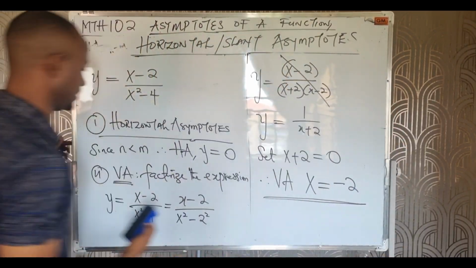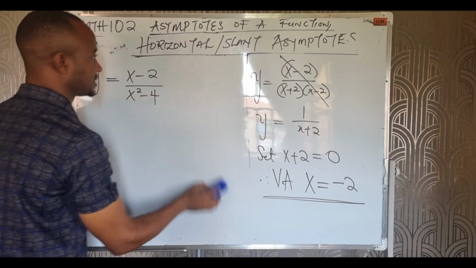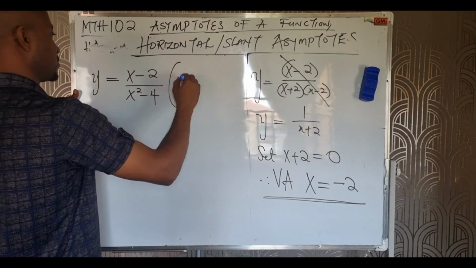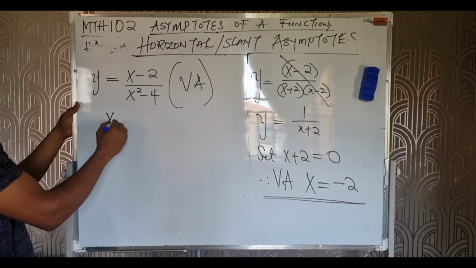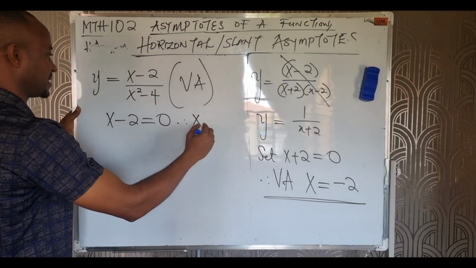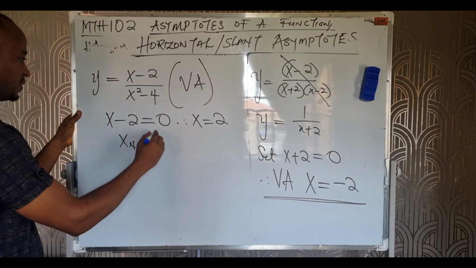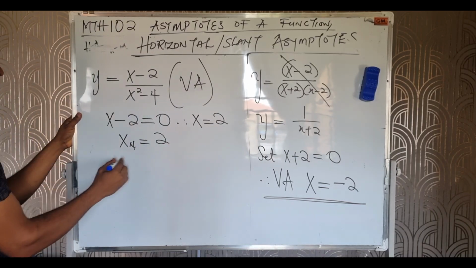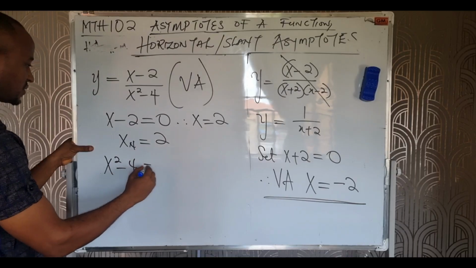Let me explain something again. In my previous class, I said something about finding vertical asymptotes. I said we set this equal to 0, meaning x minus 2 equals 0. Then it means my x is equal to 2. We also set x squared minus 4 equals 0.